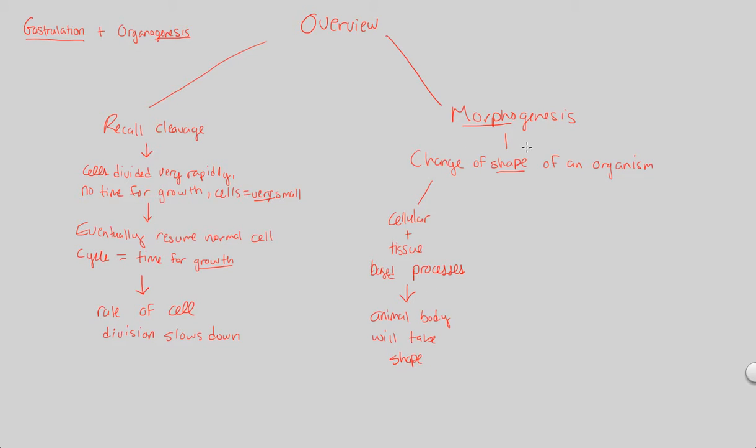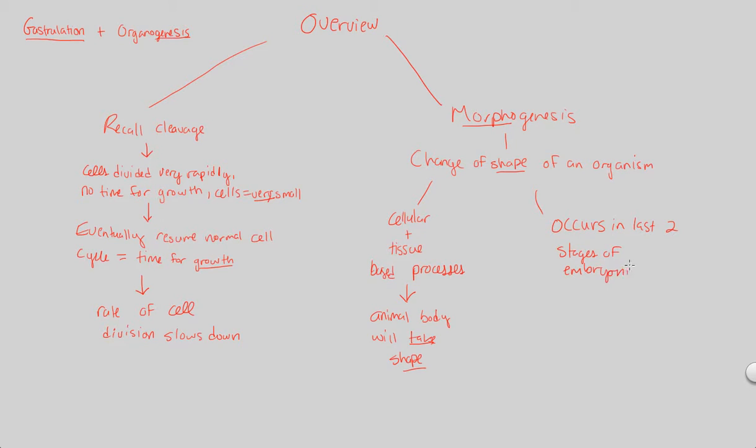This is because of morphogenesis, because of cellular and tissue-based processes resulting in the taking of a true animal shape, whatever the shape may be. And in addition, morphogenesis occurs during the last two stages of embryonic development.